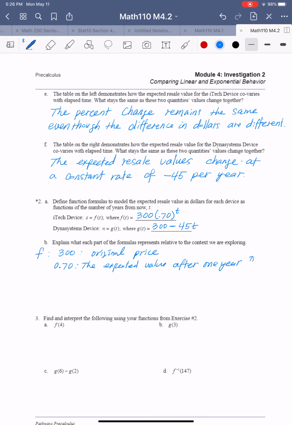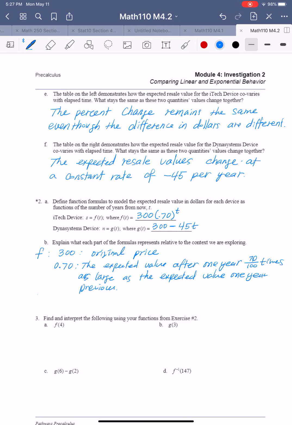It's going to be 70 over 100 times the expected value 1 year previous. So each time t increases by 1, the expected resale value in dollars is multiplied by 70 over 100.